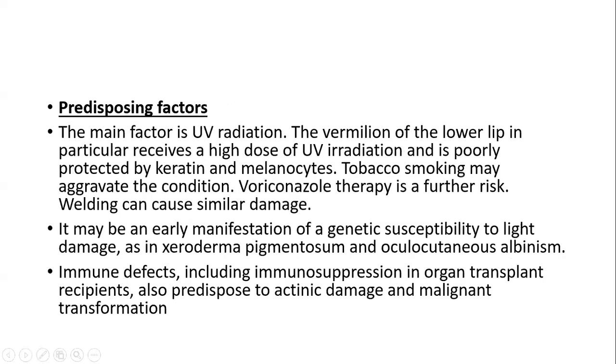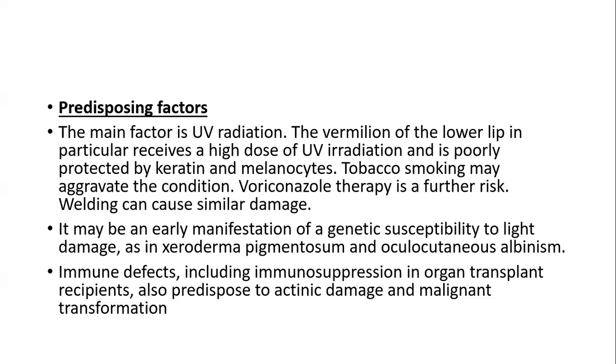Predisposing factors. The main factor is, of course, UV radiation. The vermilion of the lower lip receives a high dose of UV irradiation and is poorly protected by keratin and melanocytes, so this is the common site of involvement. Tobacco smoking may aggravate the condition. Voriconazole therapy puts patients further at risk because it also tends to dry the lips.